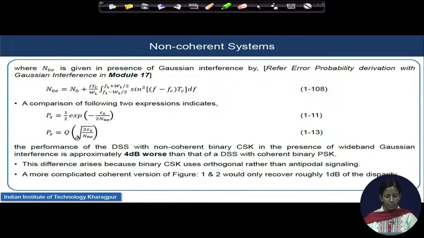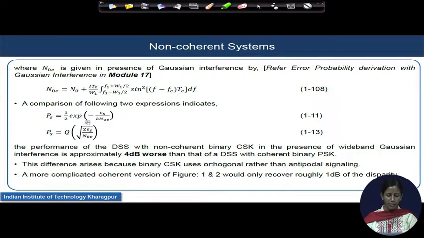A straightforward comparison shows that a non-coherent binary CSK system performs approximately 4 dB worse compared to the direct sequence spread spectrum system. What this means is that if you wish to get the same error probability for your non-coherent CSK system, you have to provide 4 dB extra transmit power to achieve the same bit error rate as the coherent communication system.